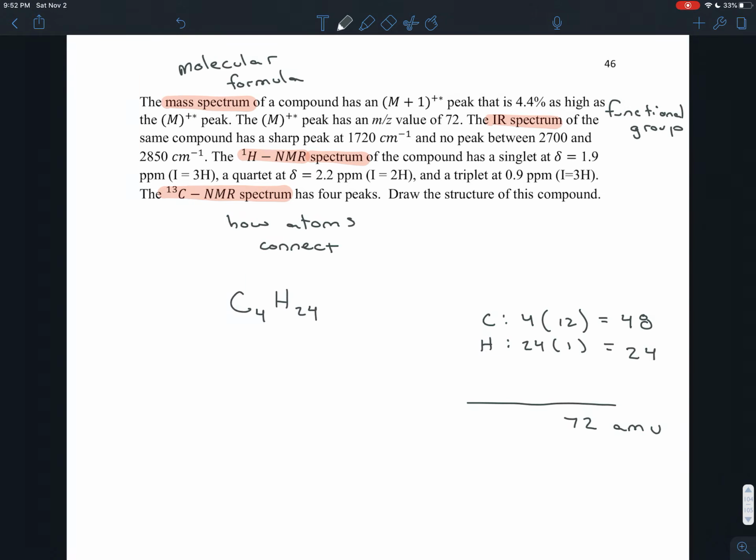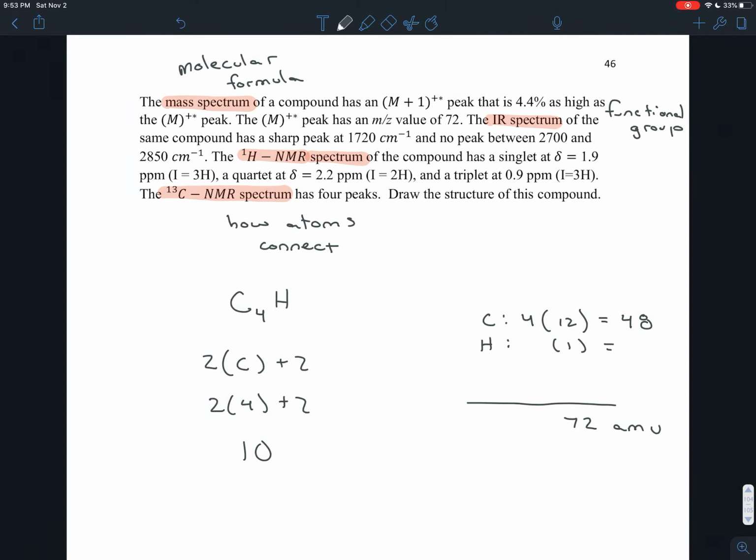But there's no way that you can fit 24 hydrogen atoms on 4 carbons. The maximum number of hydrogens you'd be able to fit is 2 times the number of carbons plus 2. So here that's 2 times 4 plus 2, or 10. 24 is way more than 10. And so we can't just have hydrogen here. We must have another heavier element.